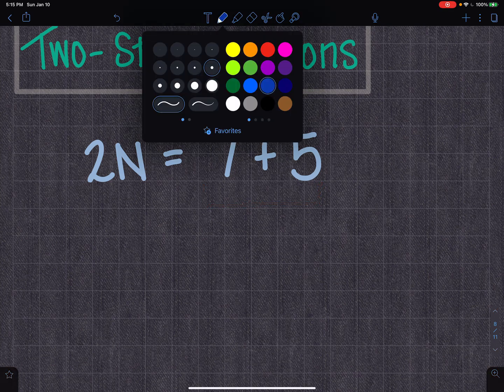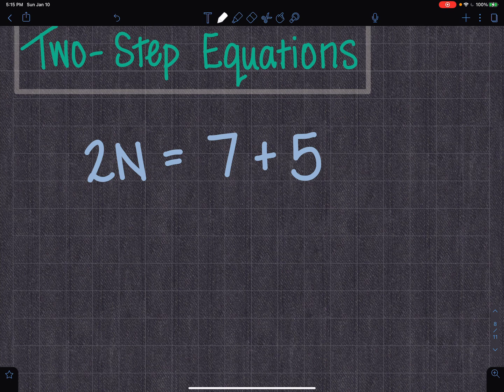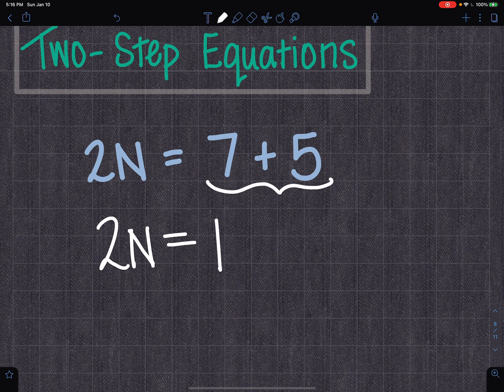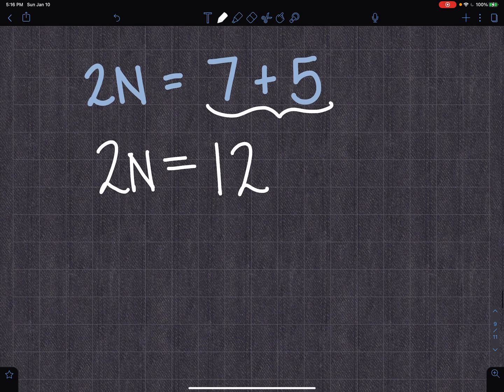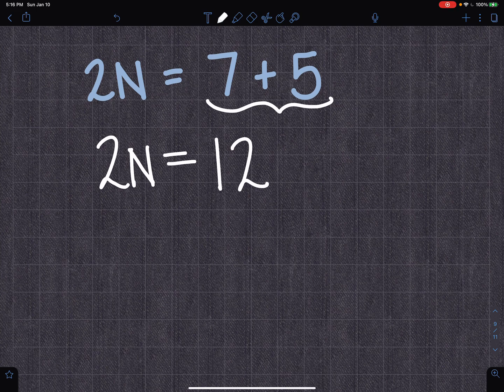Okay? So let's try it. We're going to say 2n is equal to, and then we're going to add this together. Now you don't have to draw that. I'm just doing it to show you. So 7, 8, 9, 10, 11, 12. 7 plus 5 is 12. And now this is back to something that you're used to seeing. 2n is equal to 12.